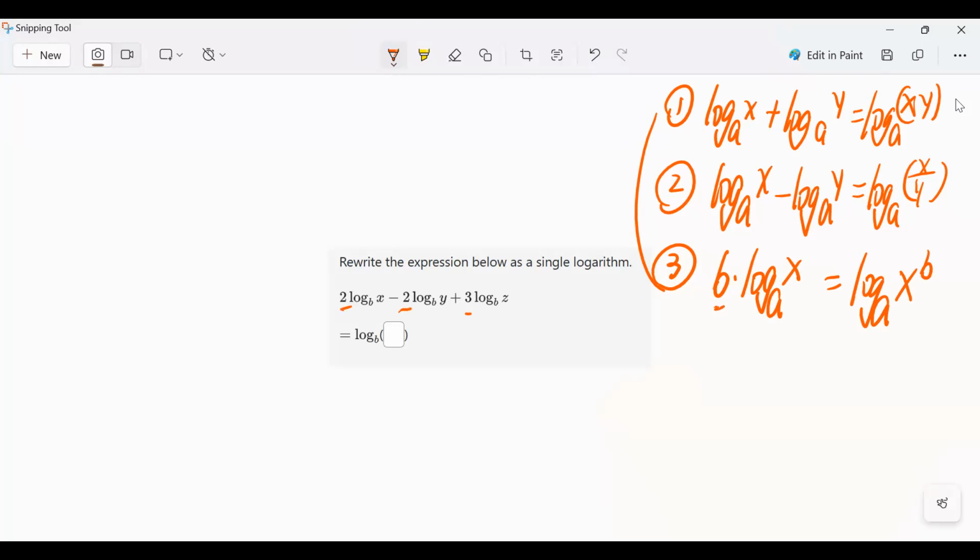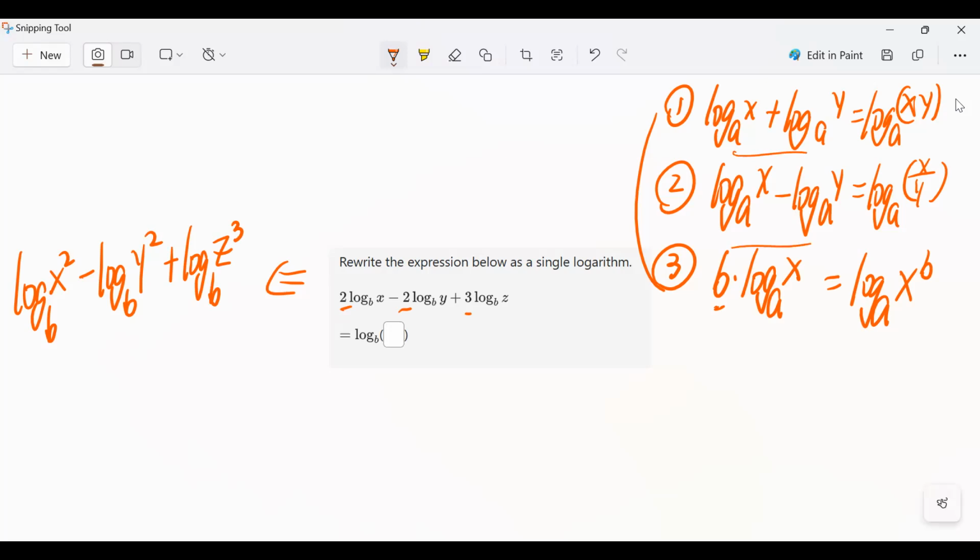All the coefficients become exponents. So this becomes log b of x squared minus log b of y squared plus log b of z cubed.